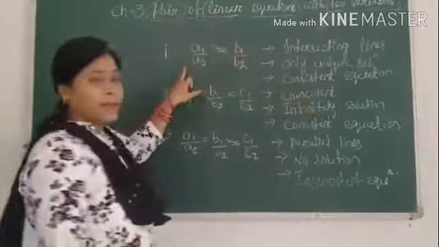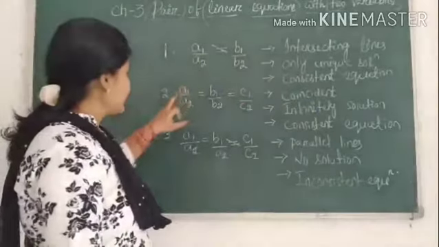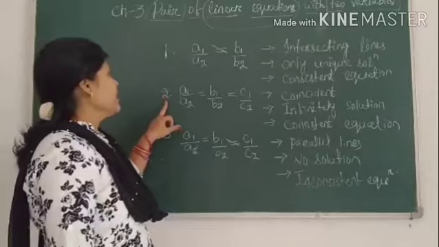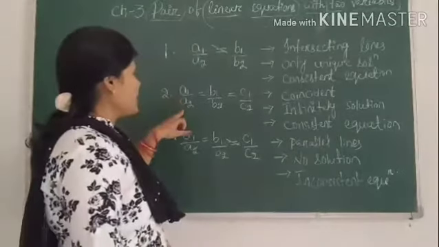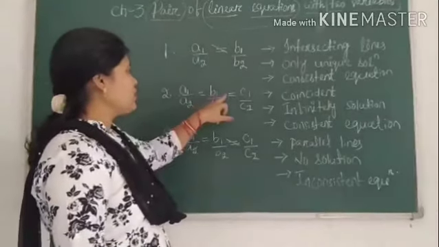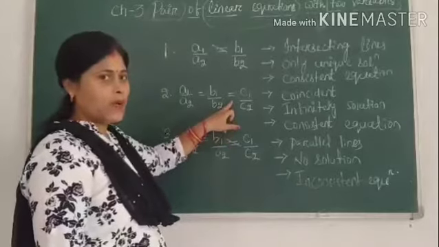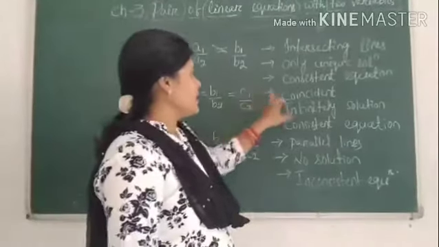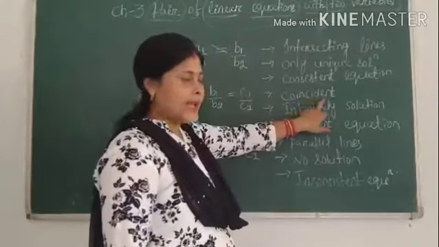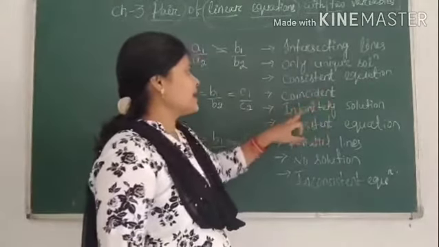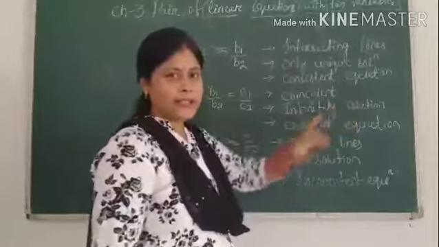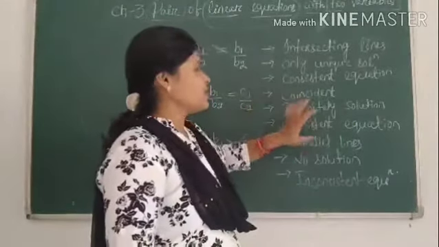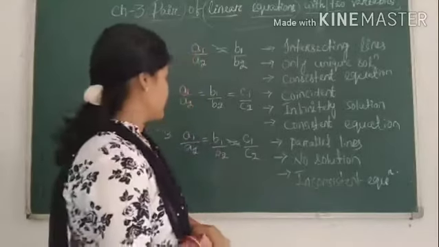You have to remember the condition. Then come to your second condition. The second condition is A1 by A2 equal to B1 by B2 equal to C1 by C2, and we observe these are coincident lines, and coincident lines mean infinitely many solutions are possible, and this type of equation is known as a consistent equation.